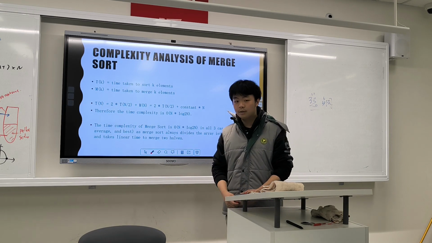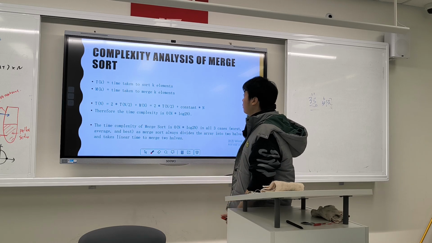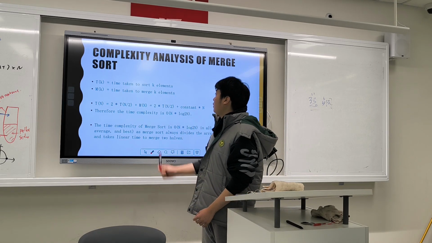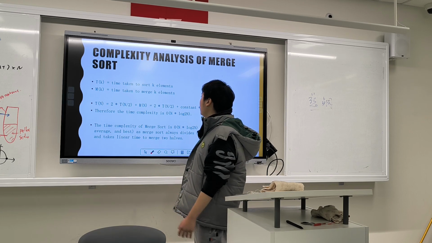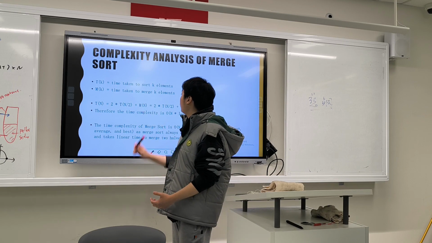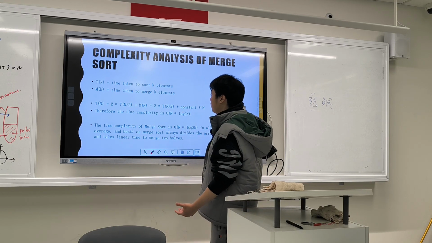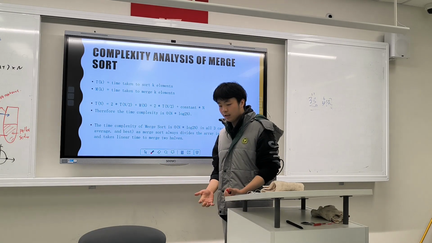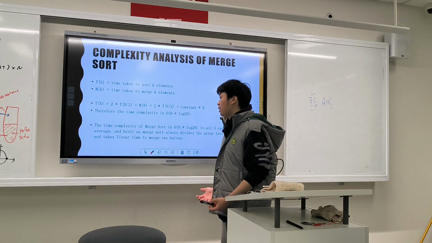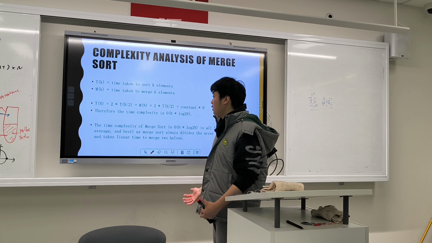Here we are talking about the time complexity of merge sort. We have T(k) to stand for the time taken to sort k elements, and we also have M(k) to stand for the time taken to merge k elements, because you have two kinds of process. The first is dividing the array, and the second one is merging them together.